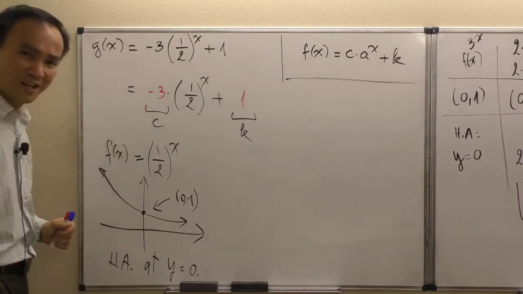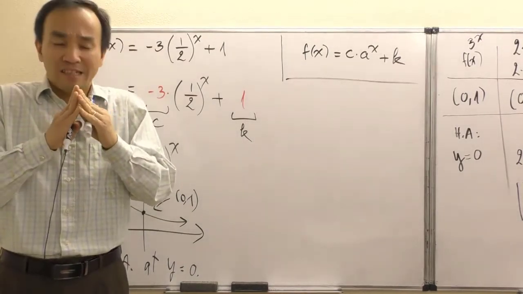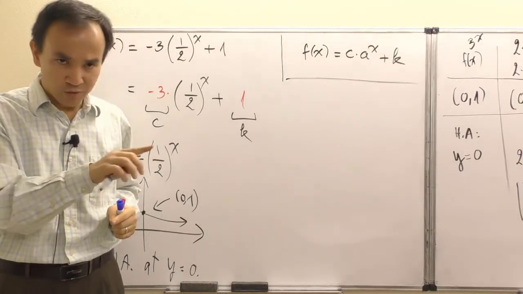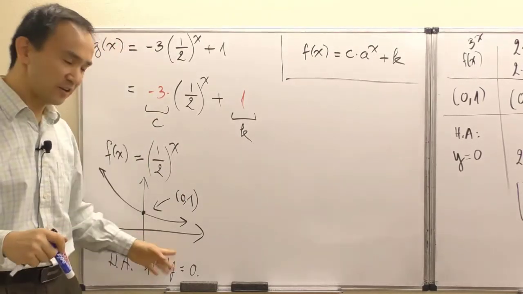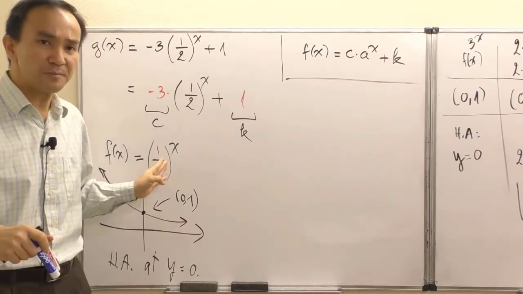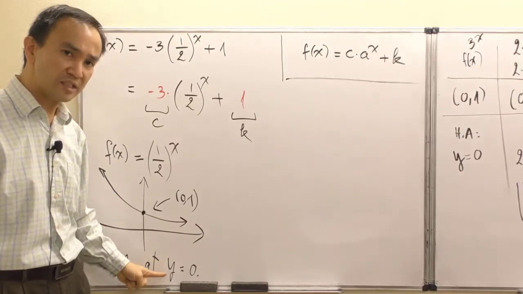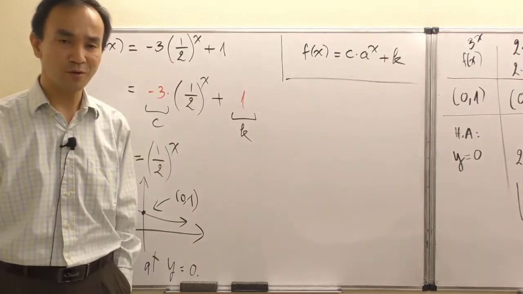So now we even more affirm that, in general, anytime we're looking at an ordinary, basic, or simple exponential function, regardless of whether the base is above 1 or less than 1, the horizontal asymptote is always at the x-axis, or y equals 0.